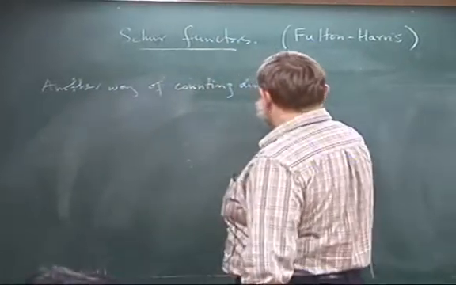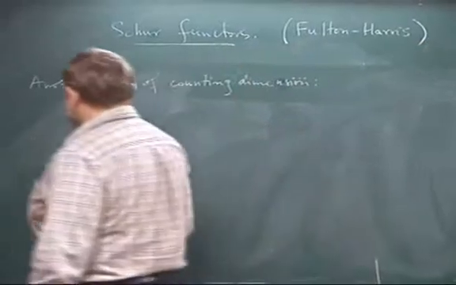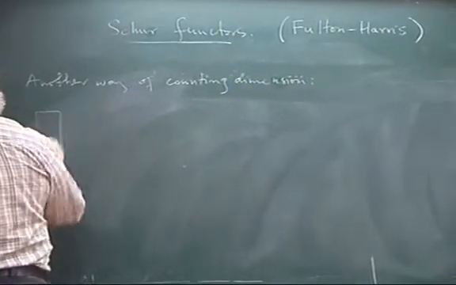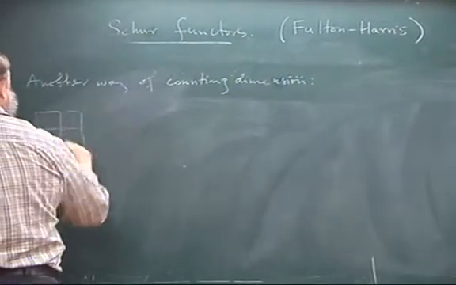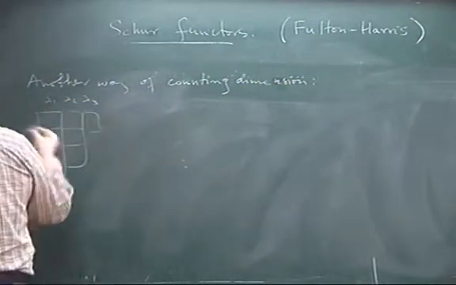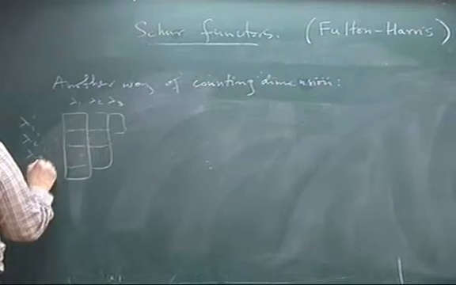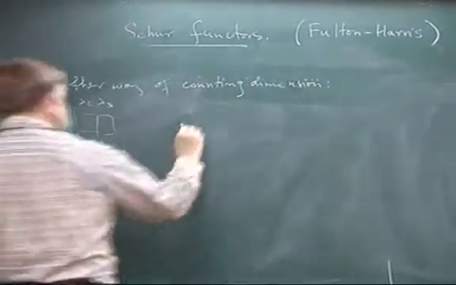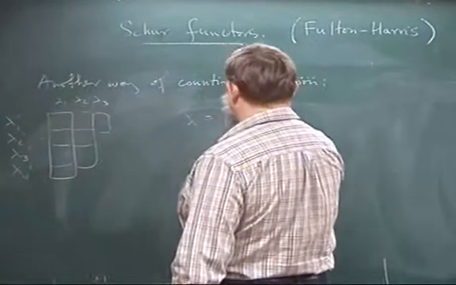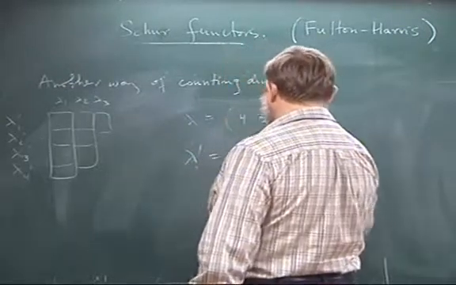Maybe sometimes it's useful to see things. So if I have my diagram, this is lambda_1, lambda_2, lambda_3, then you see I can also read this partition by columns, and this is the so-called conjugate partition. So if lambda equals (4, 3, 1), as we have here, then the conjugate partition is (3, 2, 2, 1).